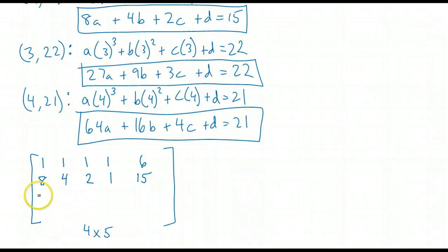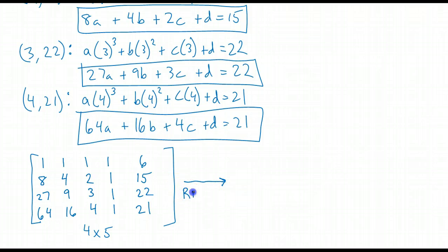Third row: a, b, c, d, and my answers. And my last row is going to be a, b, c, d, and my answers. So I have an augmented matrix where each row is my equations. Now my calculator can solve this system using what is called the row reduced echelon form.